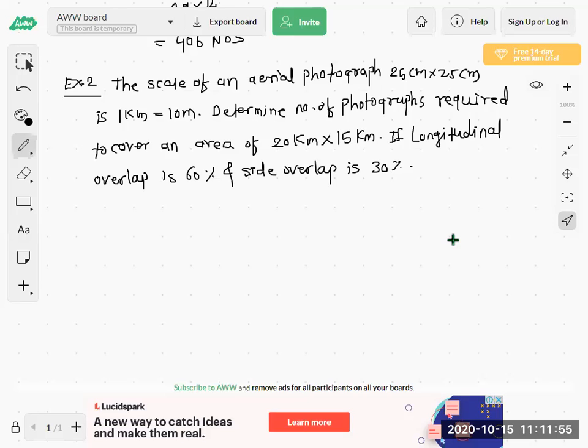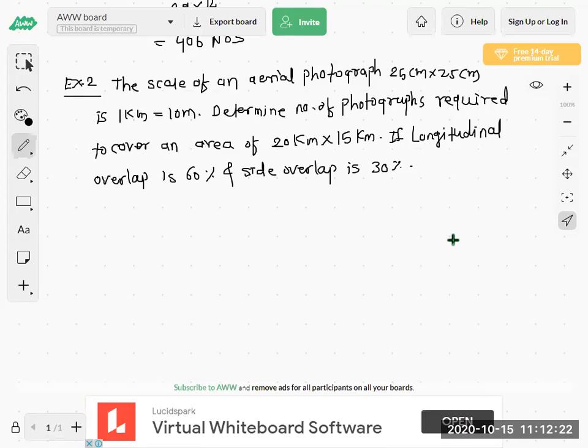See and read the problem statement. The scale of an aerial photograph 25 centimeter by 25 centimeter is 1 kilometer is equal to 10 meter. Determine the number of photographs required to cover an area of 20 kilometer by 15 kilometer. If longitudinal overlap is 60% and side overlap is 30%. So this is the problem statement. So we have to calculate now the number of photographs.